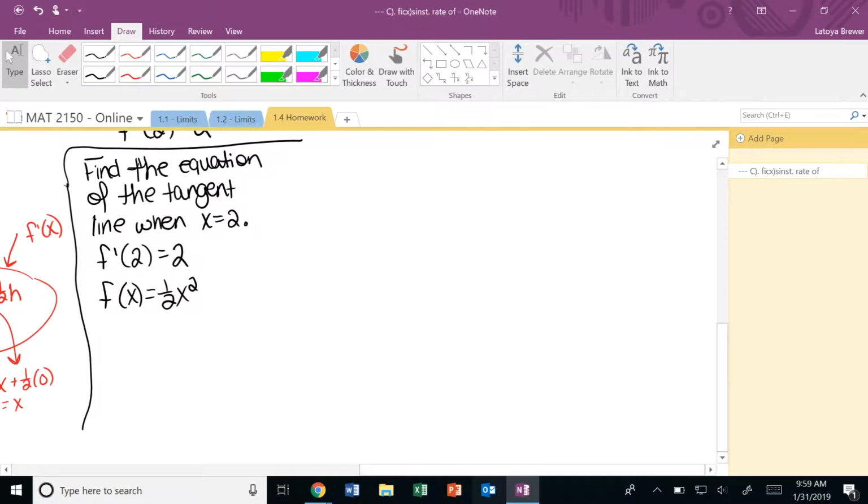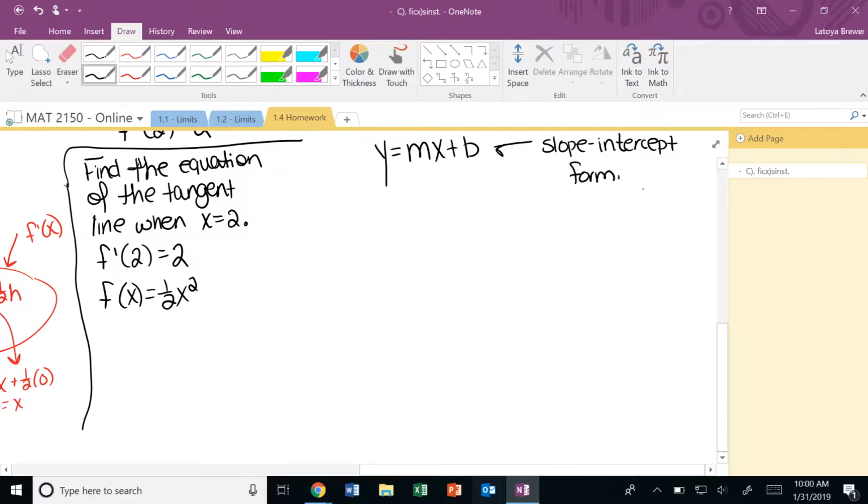So what do you need to form an equation of a line? Well, just because I've taught this class a while, I know that they want it in this form. They want you to write the equation of your tangent line in slope-intercept form. So to write the equation of a line in slope-intercept form, we need two things. We need the slope of that line, and you need the y-intercept.